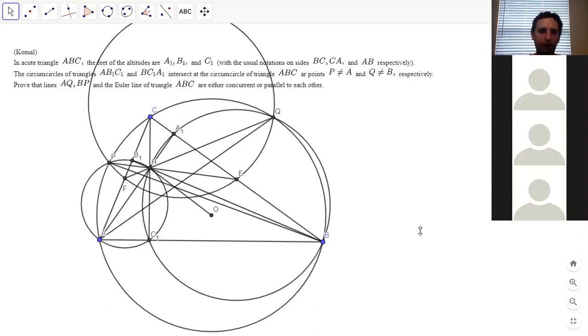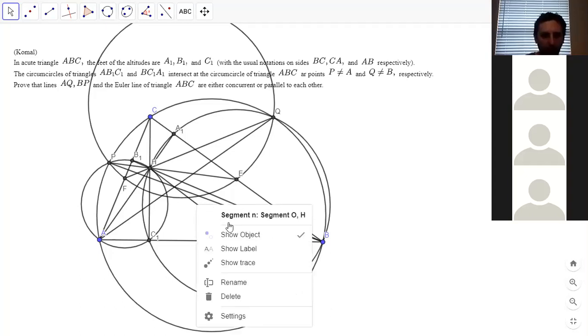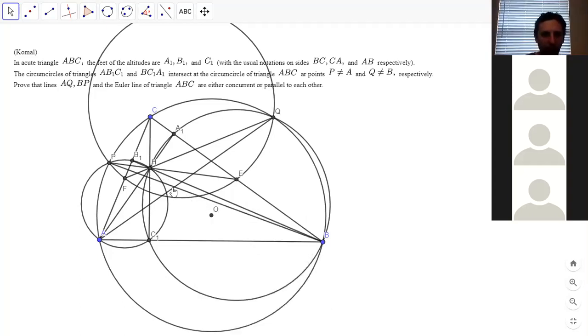So yeah, it feels like there's some homothety because whenever I show something lies on OH, maybe it's better to let those two lines intersect at a point and then show that there's some homothety that takes one to the other. So is H the center of a circle?